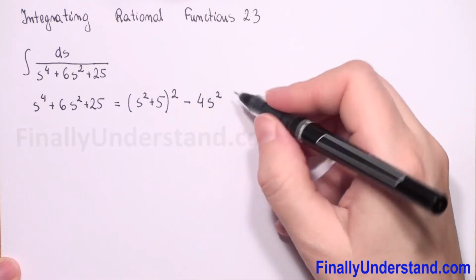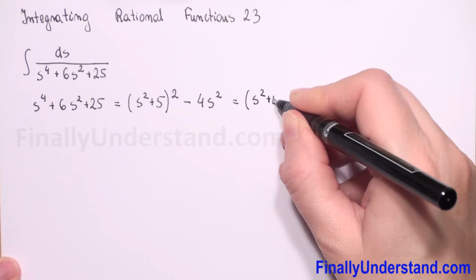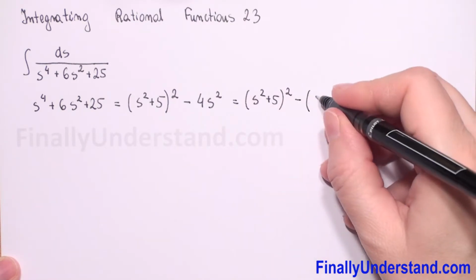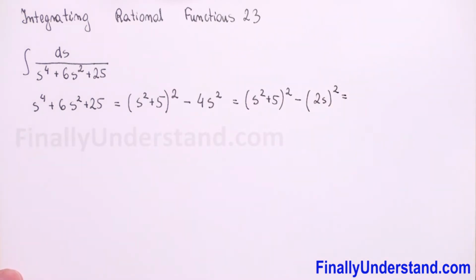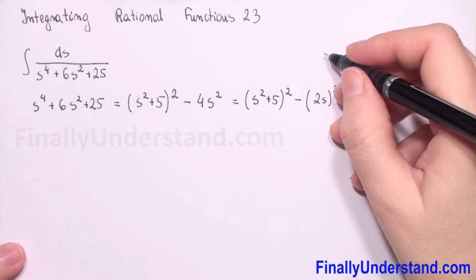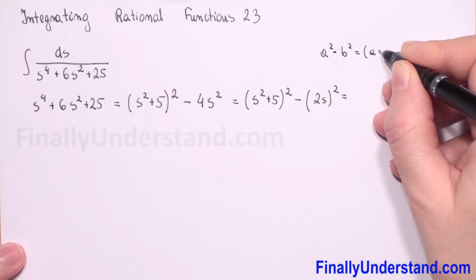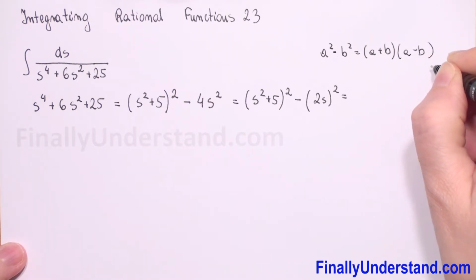We can rewrite this in the form (s squared plus 5) to the second power minus, so we can put (2s) to the second power. So now we can use the formula that a squared minus b squared is equal to (a plus b) times (a minus b).